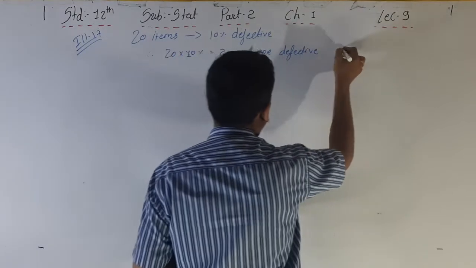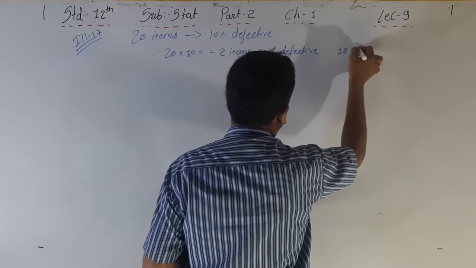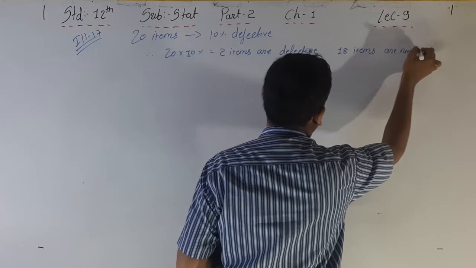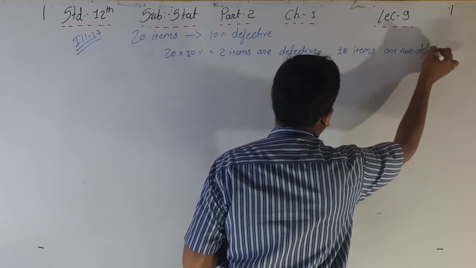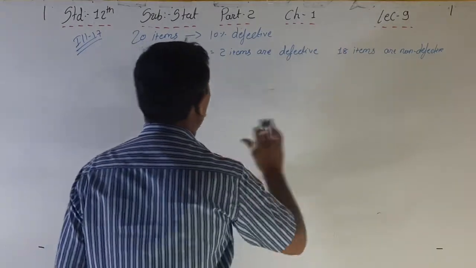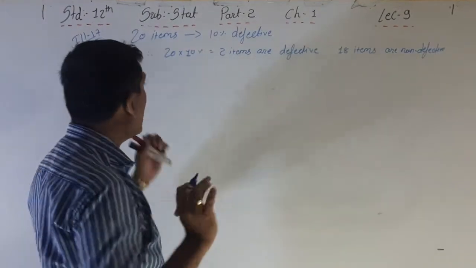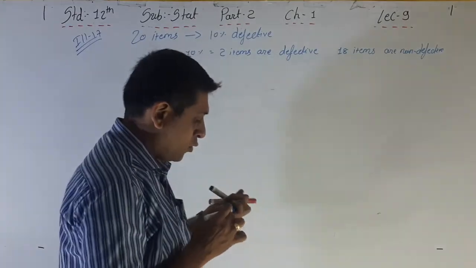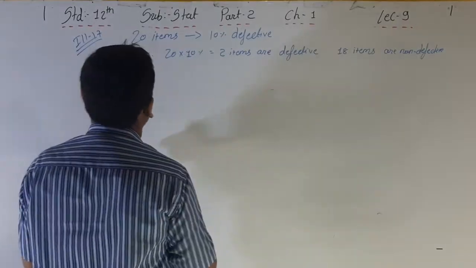So the remaining 18 items are non-defective. Okay, so 2 items are defective and 18 items are non-defective. First of all, it is clear that. Okay, now total number of outcomes, see that.